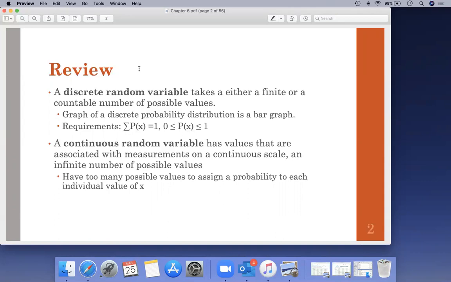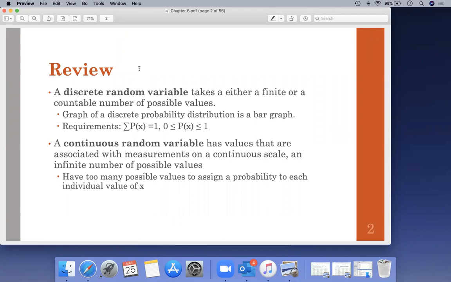We did this part in the last chapter also. First requirement is, if you add all the probabilities of your probability distribution, it should be 1. The second one is, if it's a probability value, then definitely it should be between 0 and 1, or it can be 0 or it can be 1.